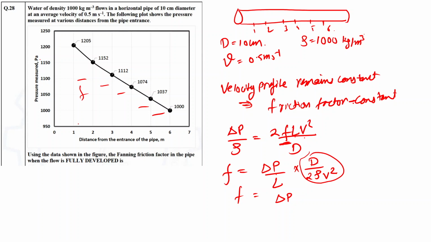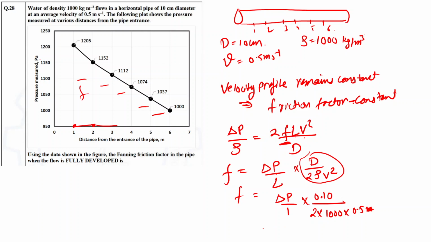In each of these sections, the length of the pipe will always be 1 meter. So this distance is 1 meter. Again, this will be 1 meter. So the length also we can take as 1 meter. Then the diameter, we can replace the value as 10 centimeter, so that will be 0.1 meter, upon 2 into density 1000 into velocity 0.5 meter per second.